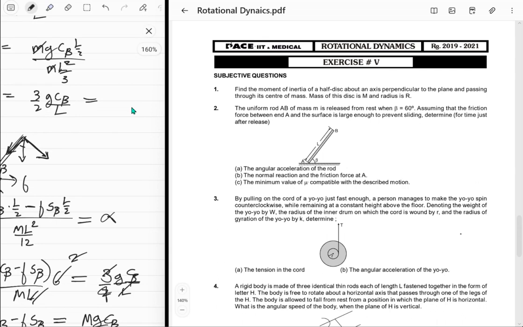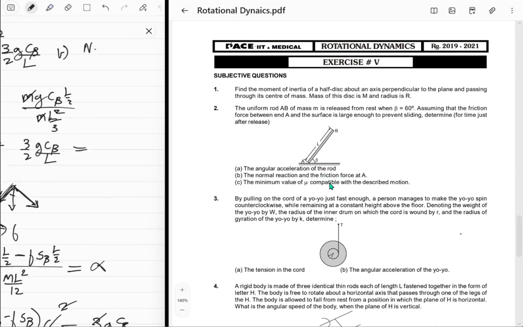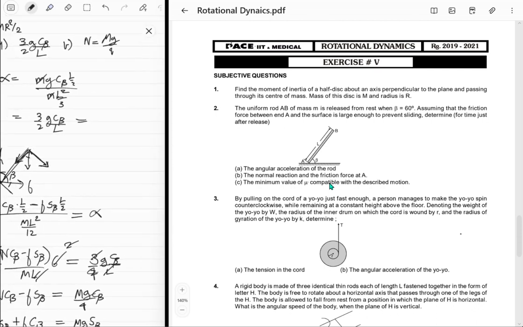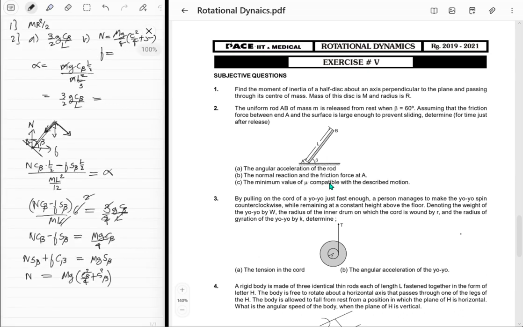So for B, you want the normal reaction and the friction force at A. So just write down the normal force. It's going to be mg upon 4 times cosine squared beta upon 4 plus sine squared beta, and then the friction force we're going to do the same way.